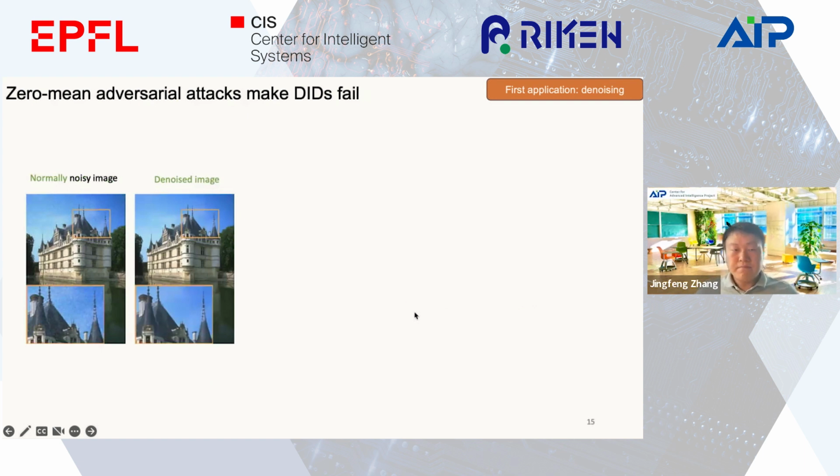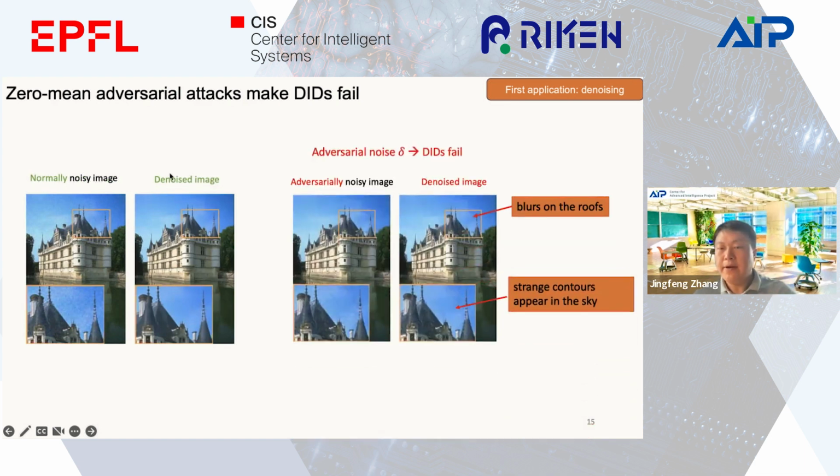For example, we can see here the deep image denoiser can effectively handle the normally noisy image and remove the noise to reconstruct the clear image. By comparison, if the noise is crafted by our zero mean attack, the performance of the deep image denoiser is severely destroyed.